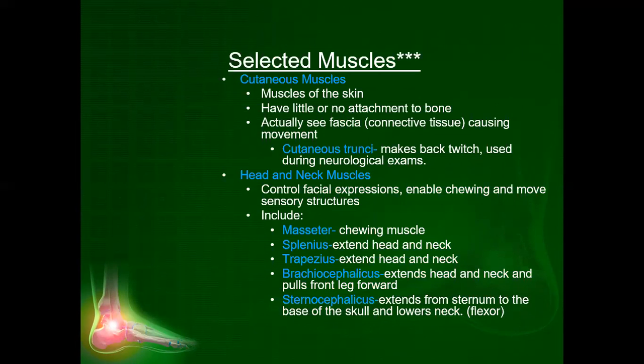Our brachiocephalicus also helps. You can feel it: if you hold your neck muscles and lift your arm up, you will feel that contraction that assists in movement of that front leg. And then our sternocephalicus helps us to flex towards the sternum. So all of these four muscles, and this is only four of many others, simply to let us do this. That's crazy to me.